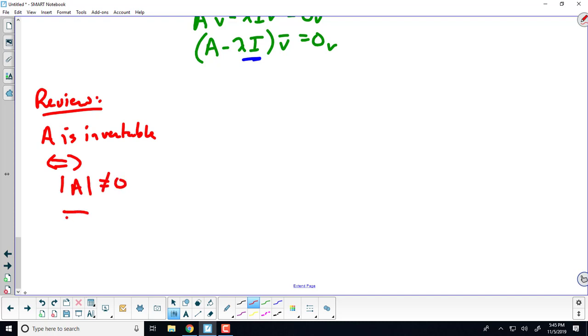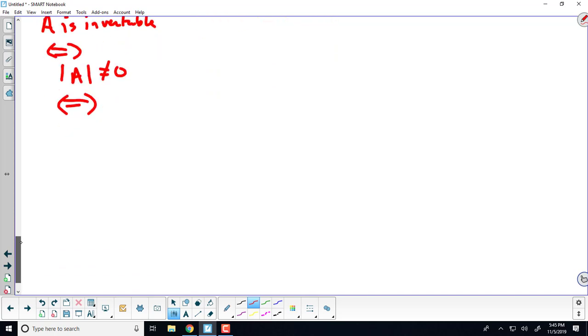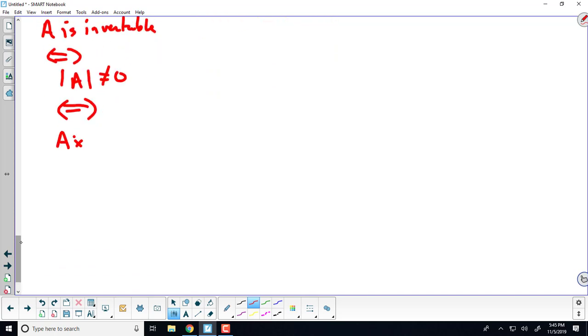Those two I'm just reminding you of because they were part of that big theorem of chapter 3. But there was one other piece to the big theorem of chapter 3 that we haven't talked a whole lot about. Remember, we listed all of the following are equivalent, and it was a long list. Here's one we haven't talked about in a while. It said that the equation Ax equals 0 has only the trivial solution.